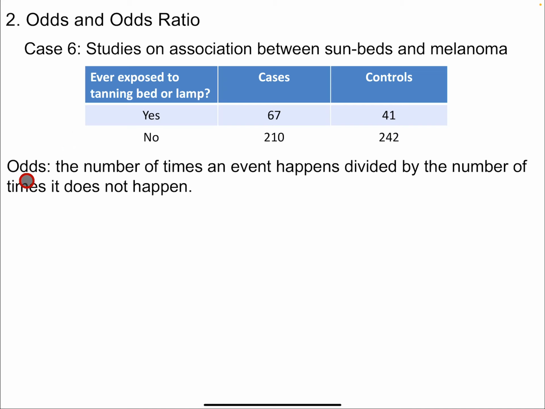Odds is the number of times an event happens divided by the number of times it does not happen. In this case, in the exposed group, the odds equals number of cases divided by number of control.